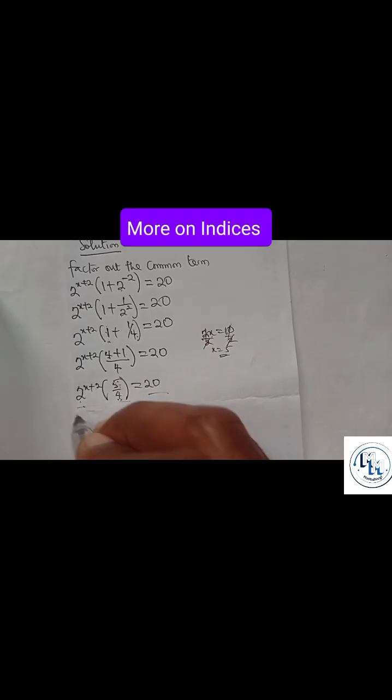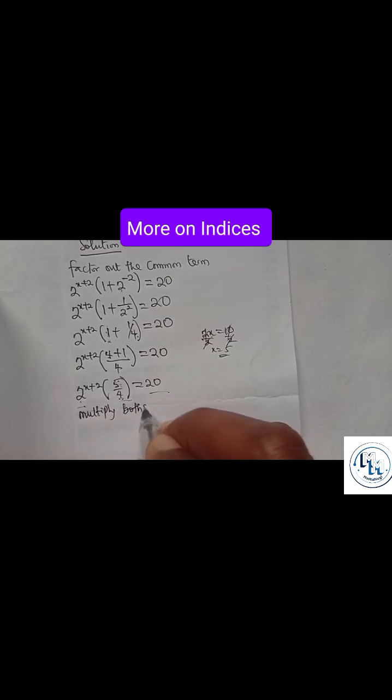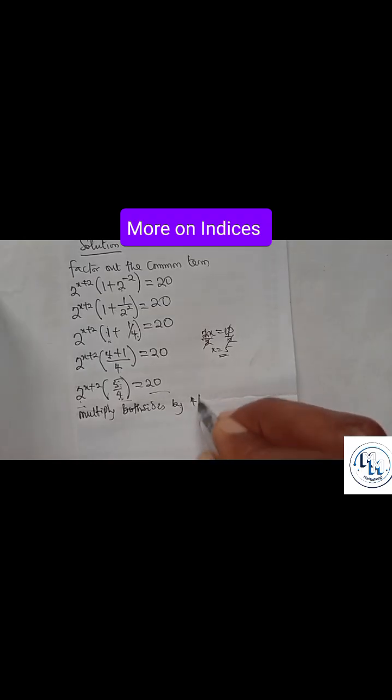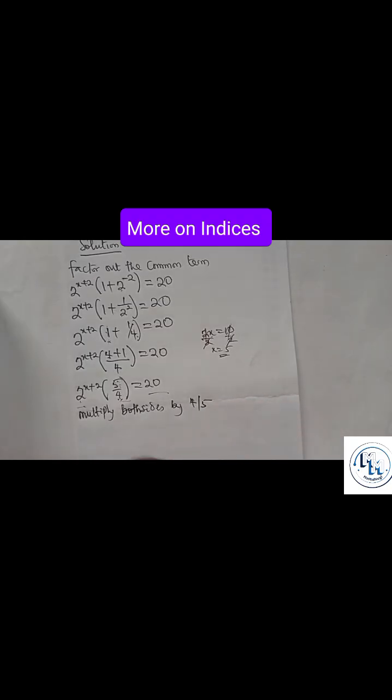In other words, I can say multiply both sides by 4 over 5. So I'm going to have 2 power x plus 2 over 4, then times 4 over 5, equal to 20 times 4 over 5.